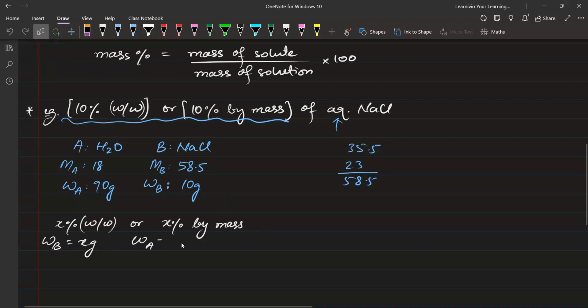Mass of solvent will be equal to 100 minus X gram. And mass of solution will be 100 gram. This is what you can take and solve the problem. Now, it doesn't mean that it is always 100 gram, but if this is the limited information given, then these are the things that you can assume.